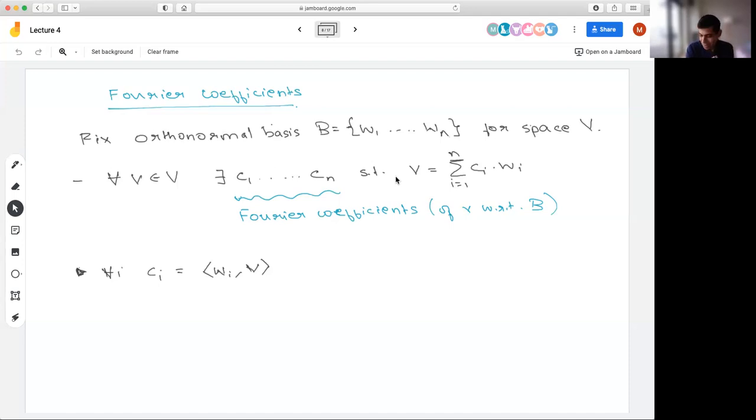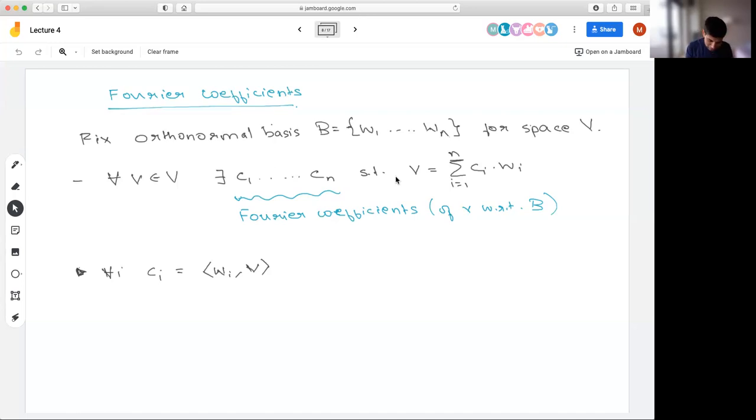Orthonormal bases are a much nicer kind of basis when you want to reason about what information you can get about a vector by looking at the coefficients in the linear combination. And in particular, when you have an orthonormal basis, these coefficients are called Fourier coefficients with respect to this basis.